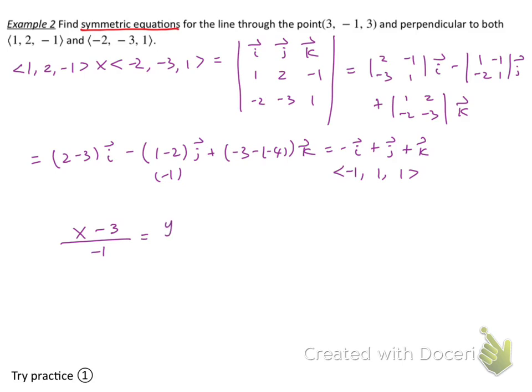Now it equals (y minus the y coordinate, which is -1) over 1, equals (z - 3) over 1. So the point is (3, -1, 3), that's our fixed point, and (-1, 1, 1) is the direction vector. Now I'm going to rewrite the middle part a little bit. (x - 3) over -1 equals, also I'm going to drop the 1s as denominators, y + 1 equals z - 3.